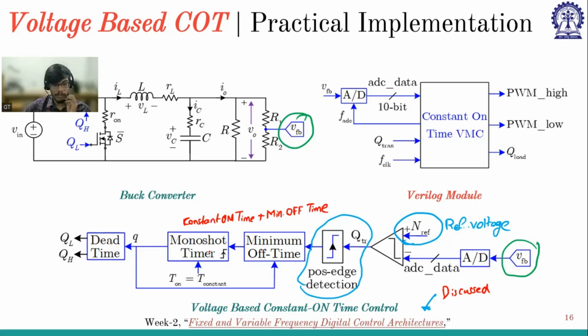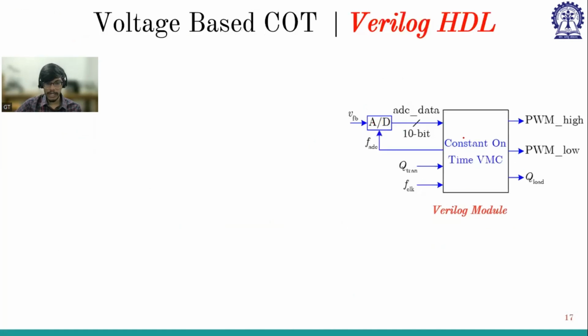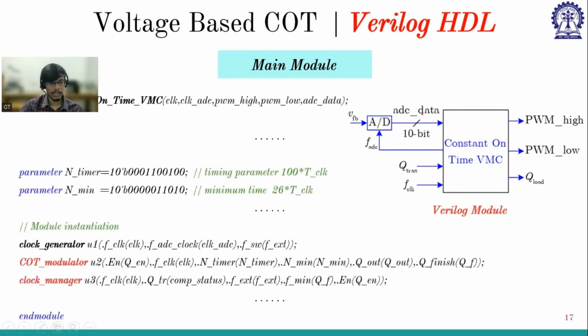This is the minimum off time block, and it also has a constant on time block, and then it has dead time, and it is giving the gate pulses. The front part is again the same. ADC data, we have the transient as well as the 100 megahertz clock, and the outputs are PWM high, PWM low, and Q low. If you go into the details of this constant on-time voltage mode control, this is the main module.